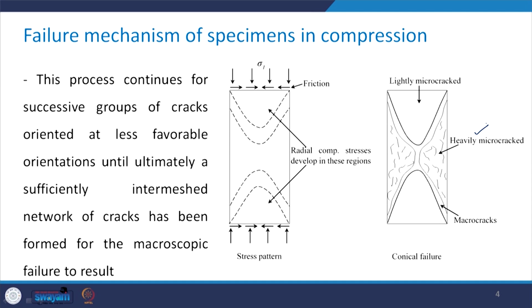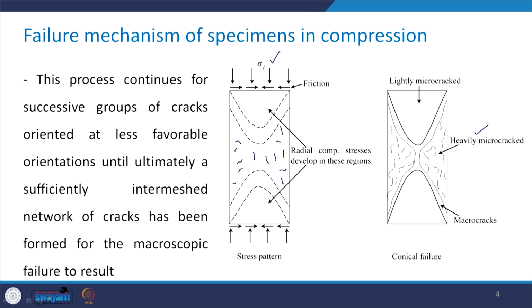All these cracks which were earlier randomly oriented in all directions, now you see here more or less they are oriented in the direction of the load application, that is in this direction.